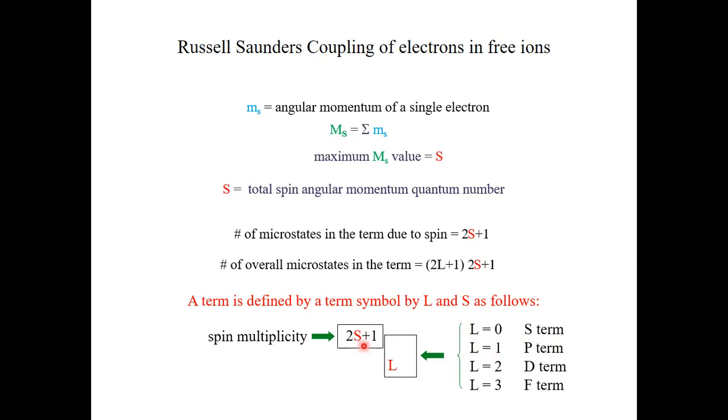Next you place the spin multiplicity as a superscript to the left of the letter that defines L, and the spin multiplicity is nothing else but 2S plus 1, which is equal to the number of microstates due to the spin.